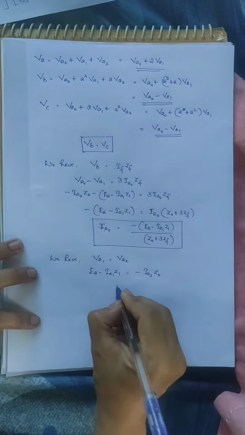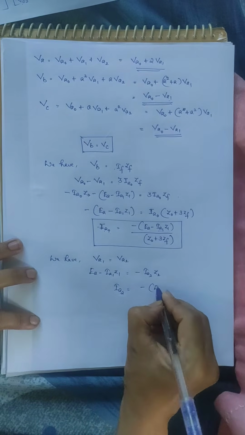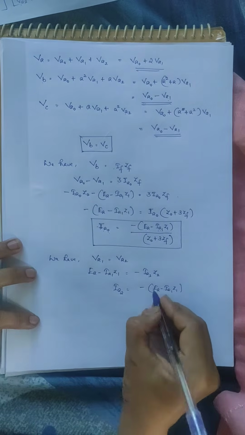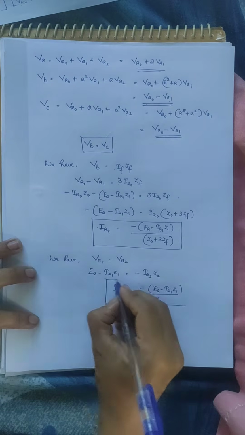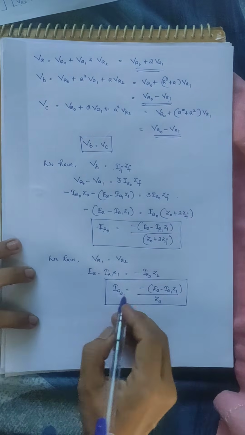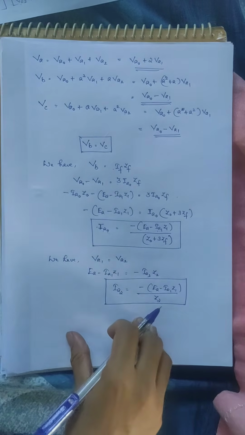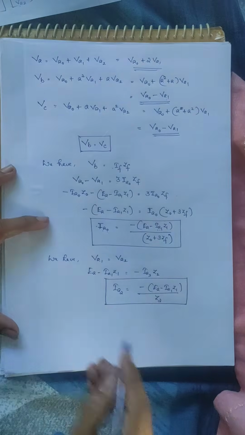So, we can write IA2 as IA2 is equal to minus of EA minus IA1 Z1 divided by Z2. So, we got an expression for the negative sequence current IA2 also, but it is also in terms of IA1. Now, we have to get an expression for the positive sequence current IA1.